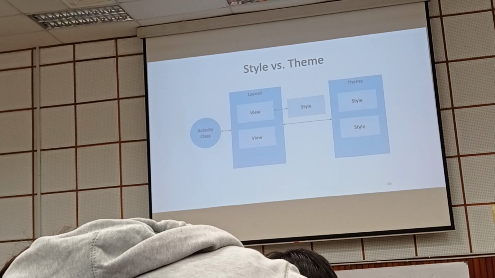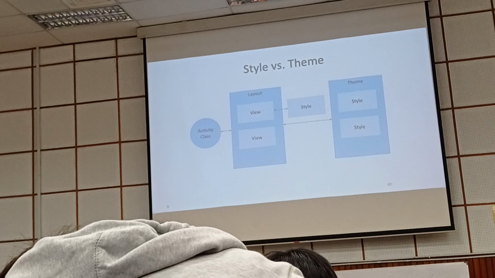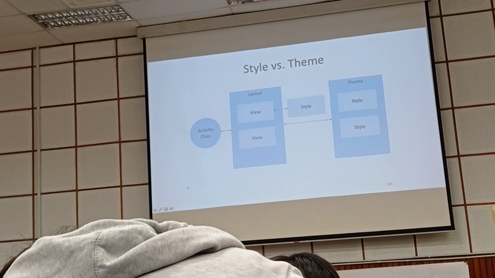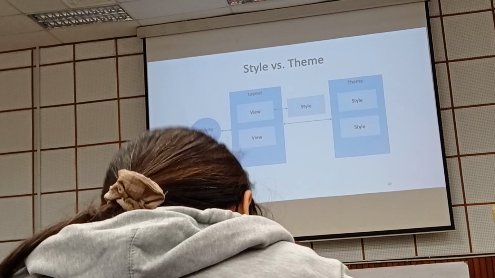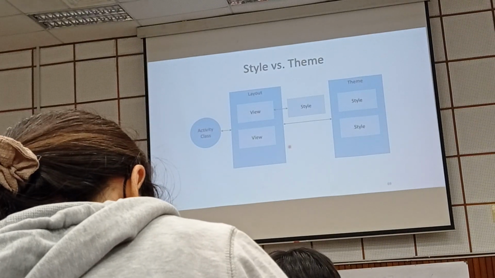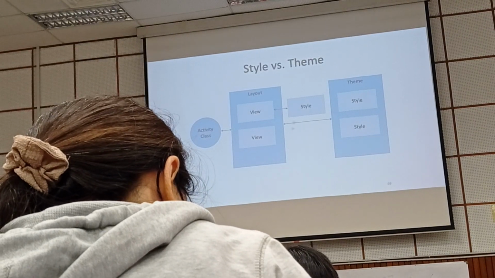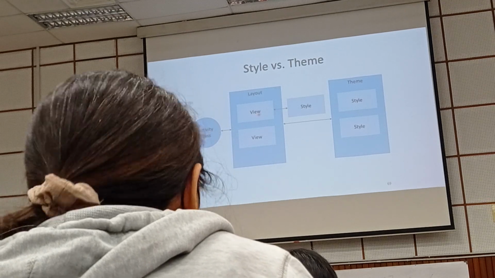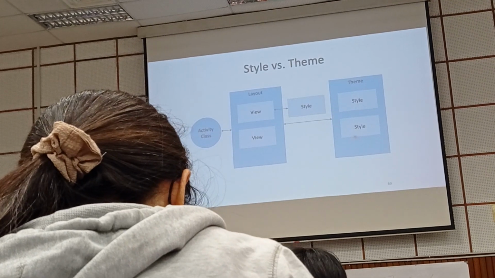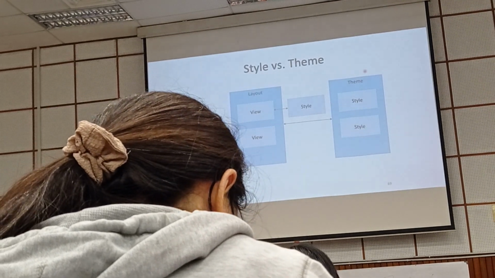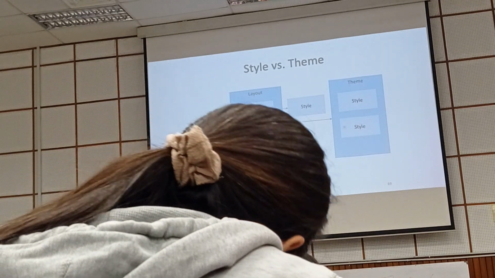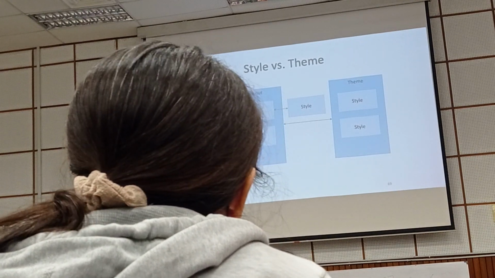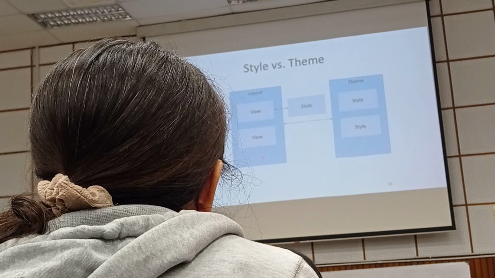Okay? Of course, sometimes as requested by the client, you are asked to apply certain style to the UI. So the main difference is, a style is applied to a single view, a theme is a collection of style applied to the whole app. That is the main difference.